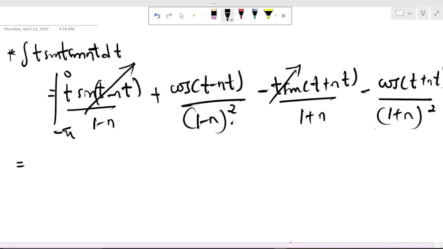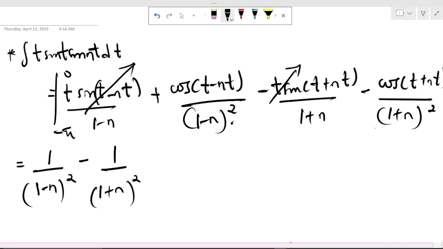Now let's plug in 0. We'll have cos of 0 minus n times 0, which is still cos 0, which is 1. So we have 1 over 1 minus n all squared, minus 1 over 1 plus n all squared. And let's plug in minus pi. We have cos of minus pi plus n pi, because our minus here will cancel out the minus here, over 1 minus n squared.